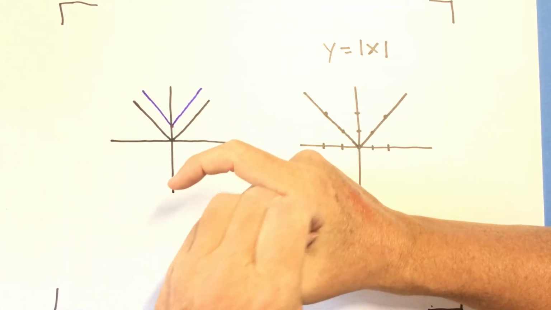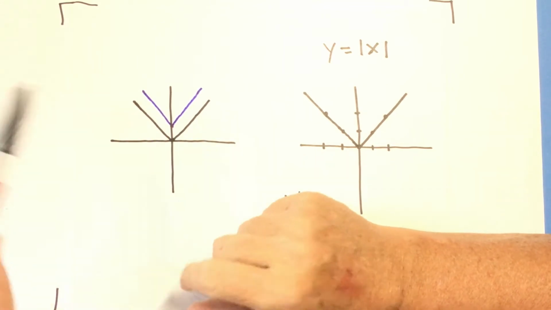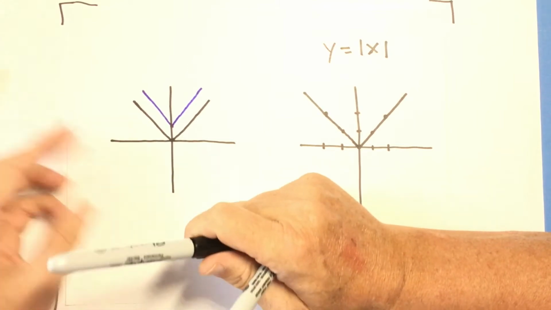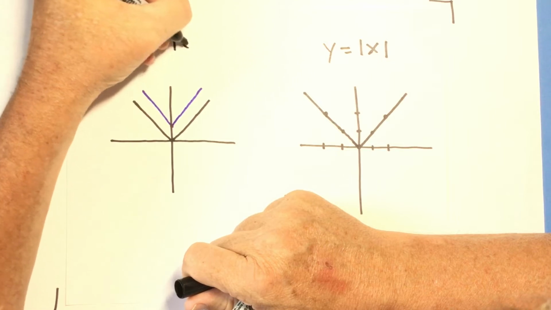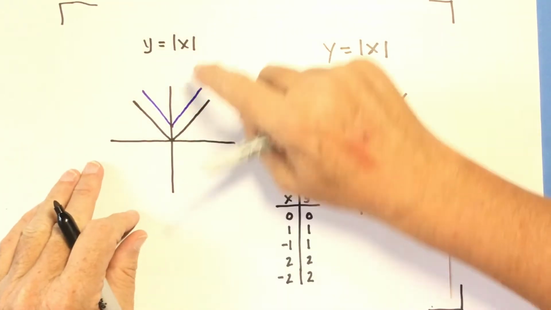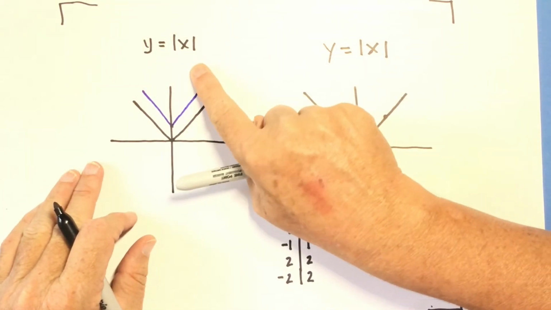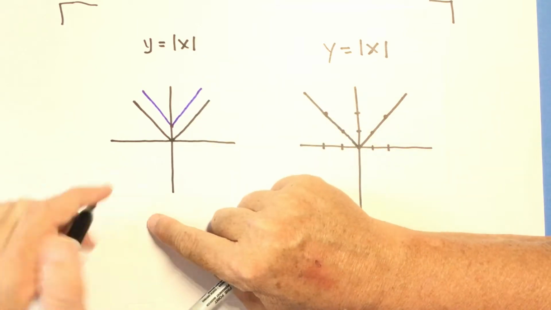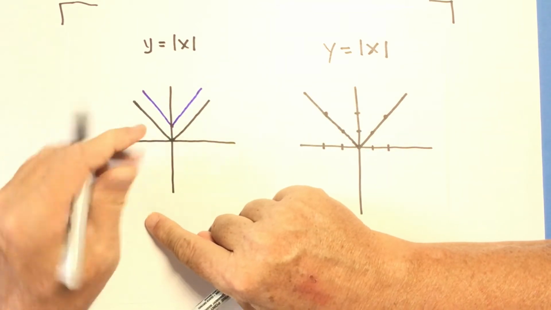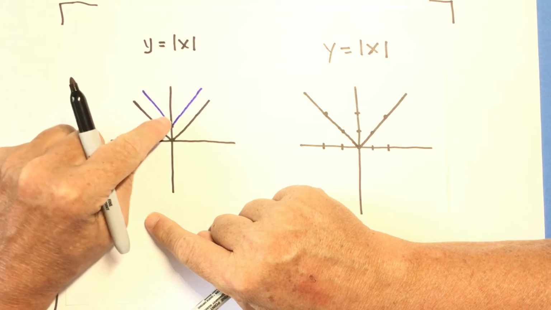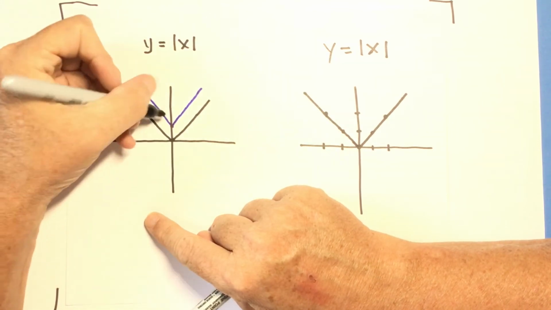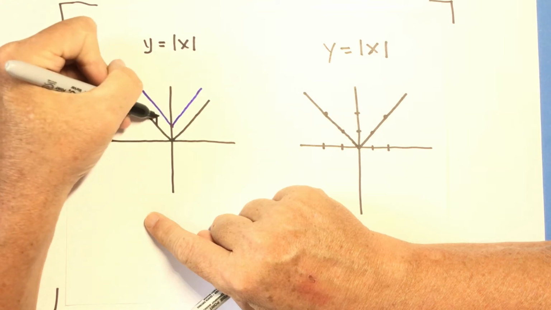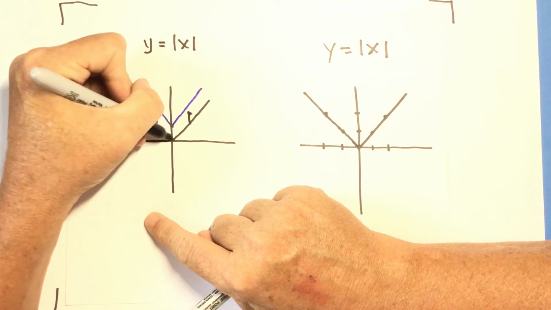You will recall that I said I'm going to call this the parent graph, and indeed, all the changes I'm going to make can be related back to this parent graph. In this case, our original graph in black has now been moved up 1 unit to the blue graph. Every point on this graph has moved up.